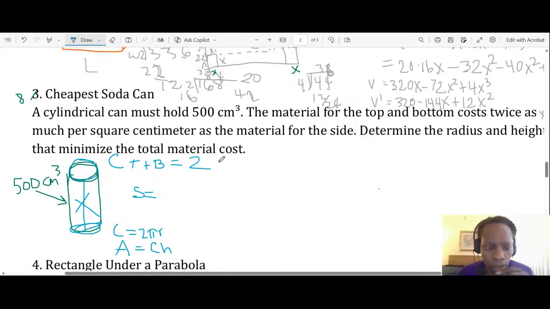So 2 times the area. Okay, so the cost of T plus B is 2 times the cost of the area. Hold on, let me undo that and let's fix that.